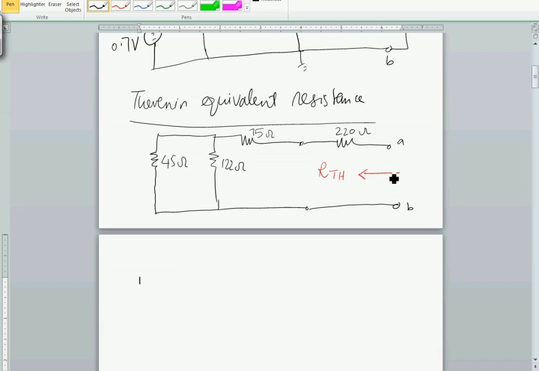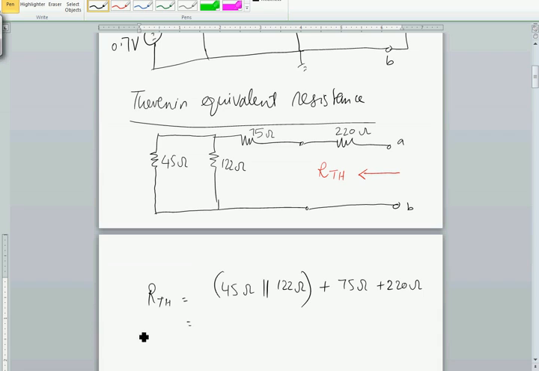Make sure you always start combining the resistor from the opposite end where you are finding the resistance. So if you are finding the resistance on the right hand side, you have to start combining the resistor from the left hand side. So our Thevenin in this case will be 45 ohms in parallel to 122 ohm, that will be in series with 75 ohm and 220 ohm.